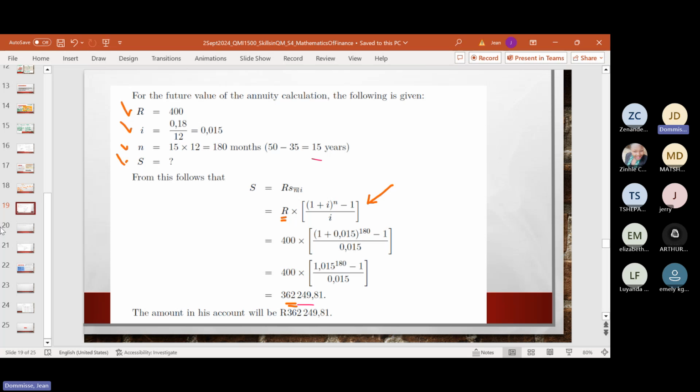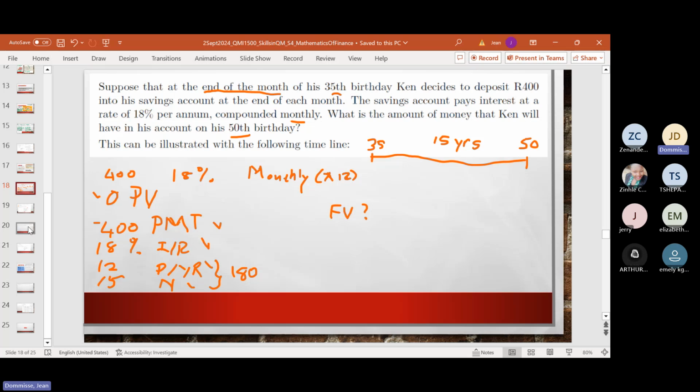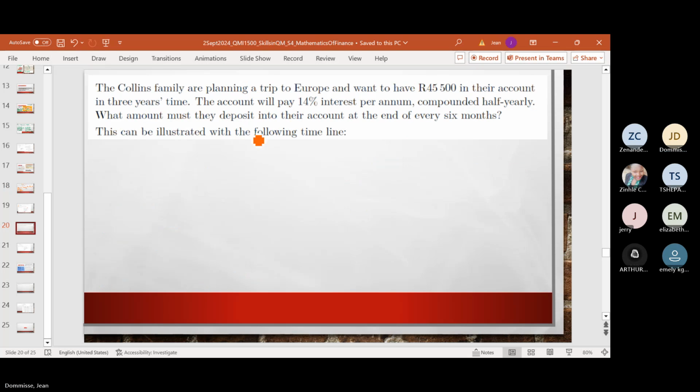In the previous question, they showed us 50 years, they showed us the 35, so we could work it out. In this one, it's easier for me to see when there are numbers.